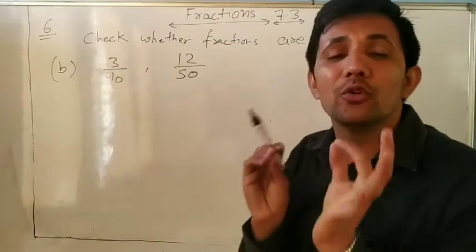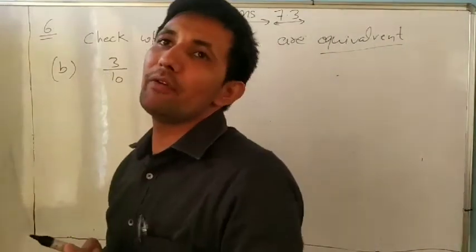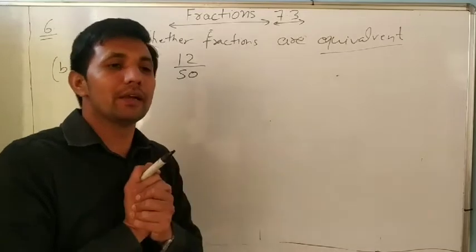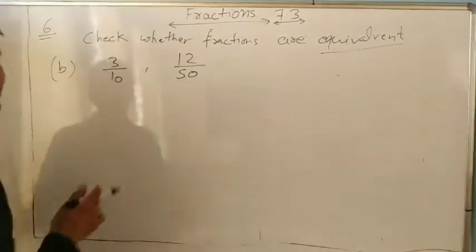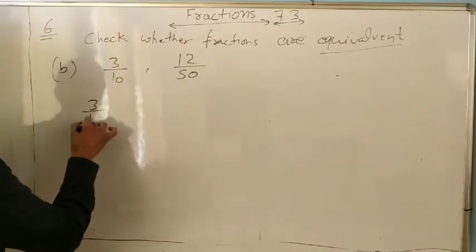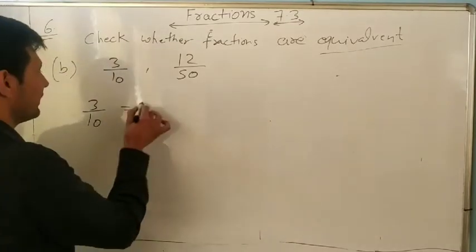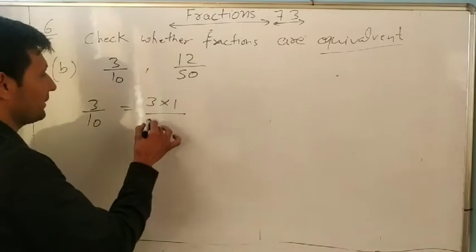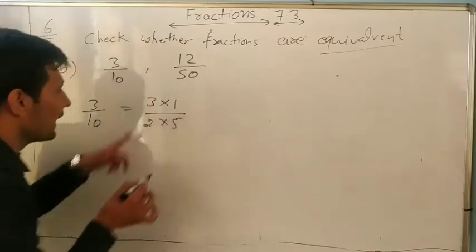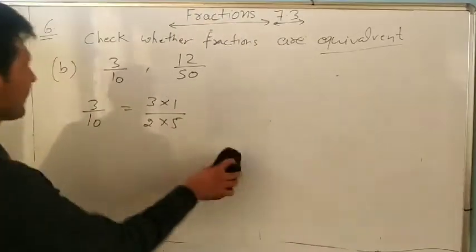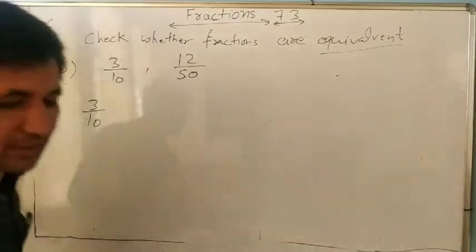Everyone knows what simplest form is: there is no common factor in numerator and denominator. So first, 3 upon 10. Any common factor in 3 and 10? No, because 3 is 3 into 1 and 10 is 2 into 5. There is no common factor. Okay, so leave 3 by 10 as it is.